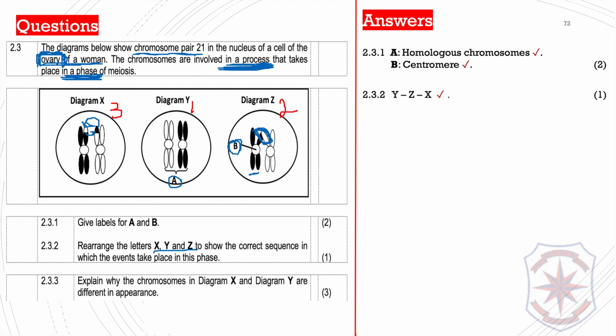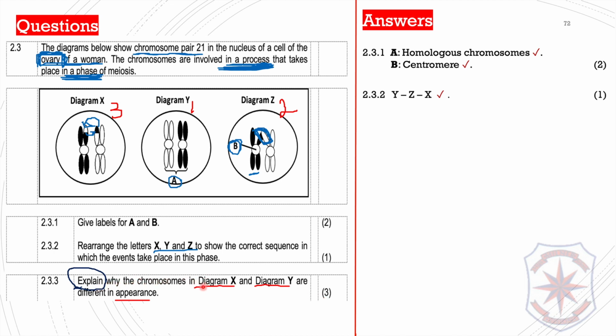Following question. Explain why the chromosomes in diagram X and diagram Y are different in appearance. Firstly, action verb, explain. Hence, marker location, 3 marks.